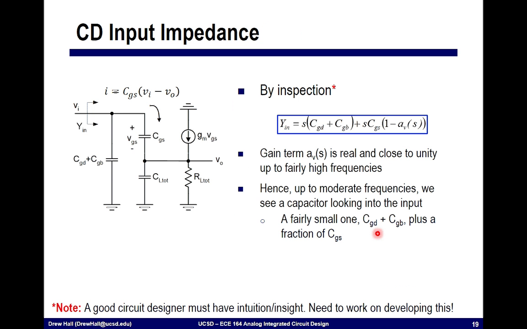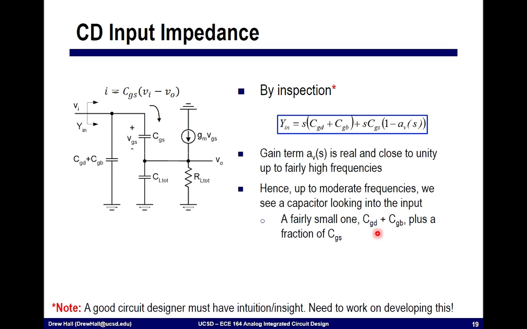Let's go through and derive the input impedance and the output impedance for this, very much like we did in the previous example for common gate. One thing that I want to point out, and we need to start becoming good at this, is that we have to start to develop some intuition and some insight in how these circuits work. So I'm not going to continue to write out KCL and KVL equations on all of these slides.